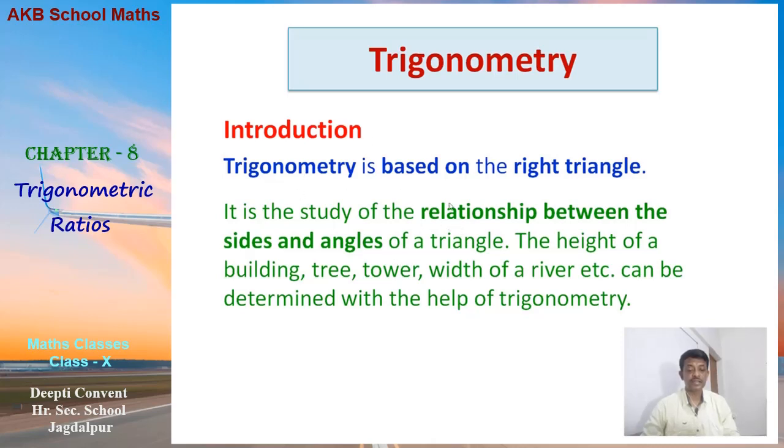Trigonometric ratios are the relationship between the sides and angles of a triangle. So this trigonometry is very useful for finding the height of a building, tree, tower, the width of a river, etc. That can be found by using this trigonometry.